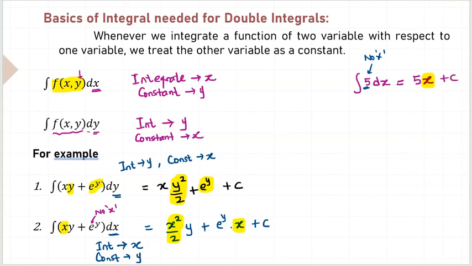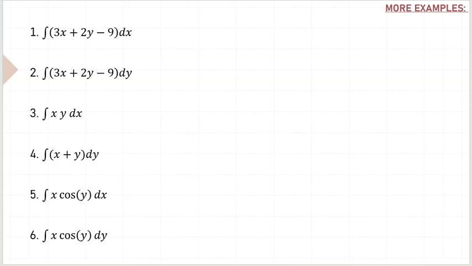Let's move to the next question. If you look here, 3x plus 2y minus 9, dx. The very first thing that you will be doing is checking: integrating with respect to which variable? Yes, because of dx, it's x. Which variable is constant? y. Now look for the function of x. You have x only in the first term. In the other two there is no x: no x in 2y and no x in 9.